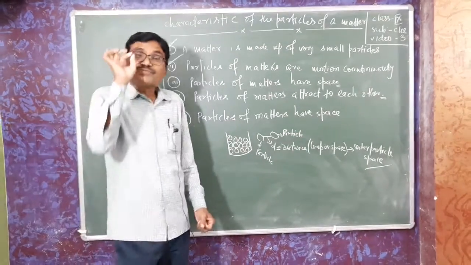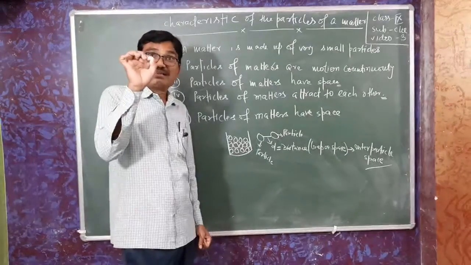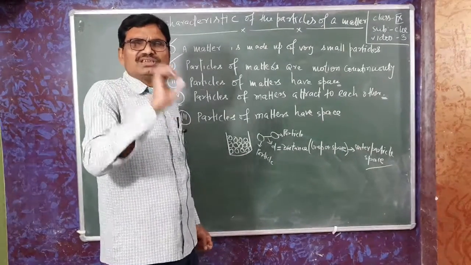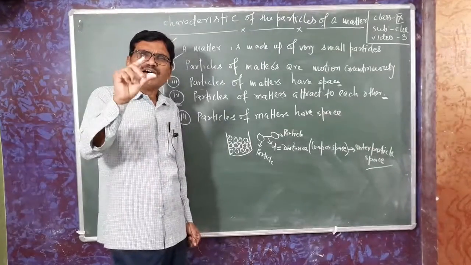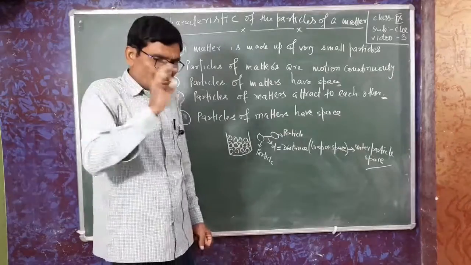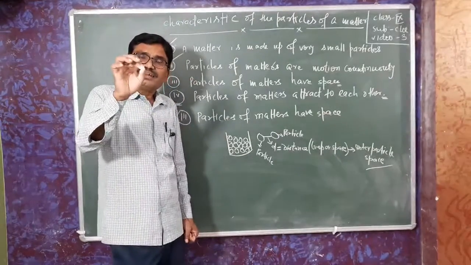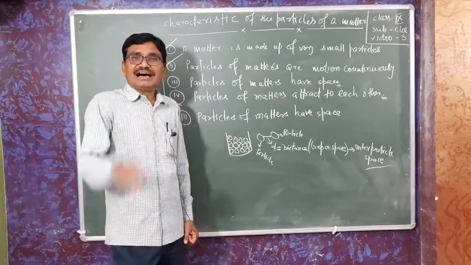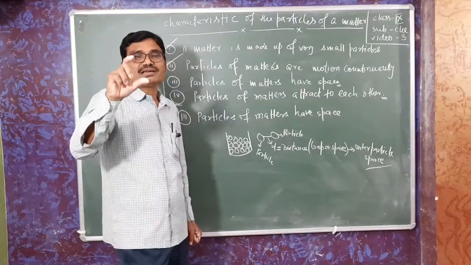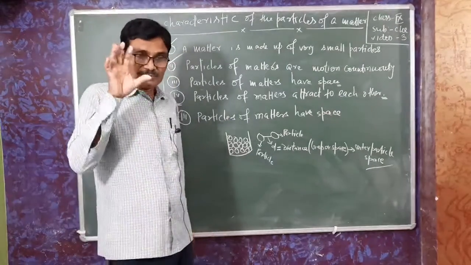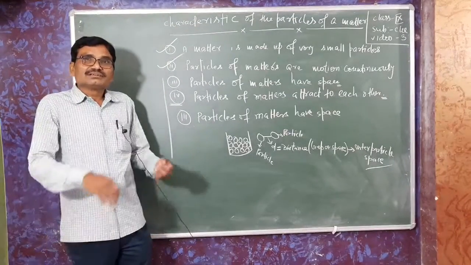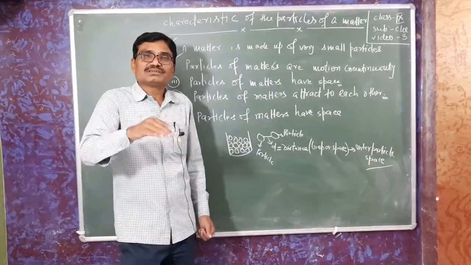After this, we add 2 or 3 crystals of common salt or sugar in this cylindrical container, and after this we stir with the help of a glass rod, and then we observe the level of the solution.